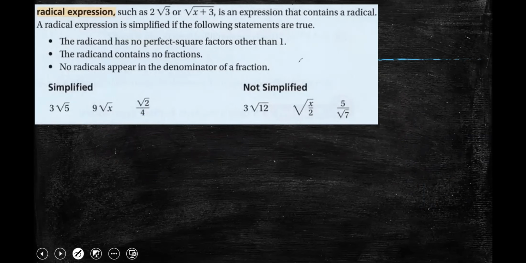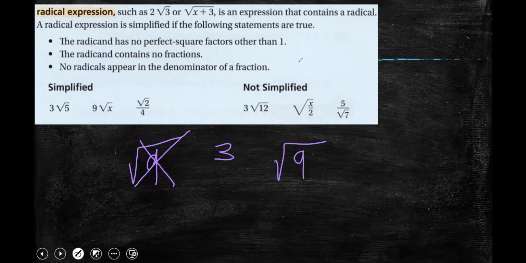If you see the square root of 9, this is not simplified because the square root of 9 is 3. We know that 1, 4, 9, 16, 25, 36, 49, 81, and so on are perfect square numbers. So I cannot keep a perfect square under the square root, because it's not simplified. The square root of 49 is 7, and that is the simplified one.